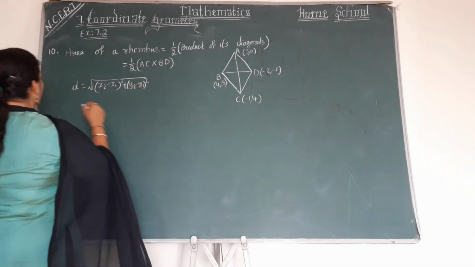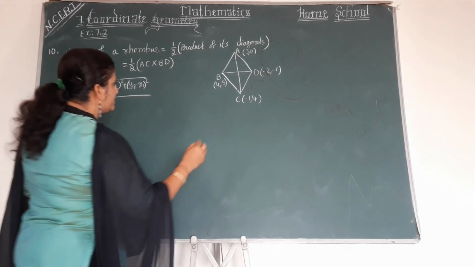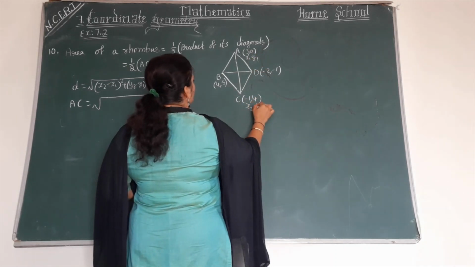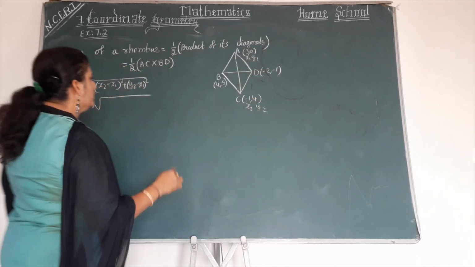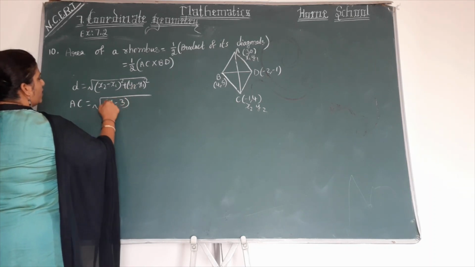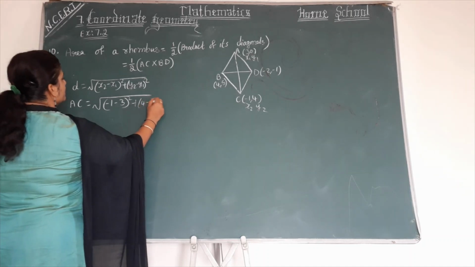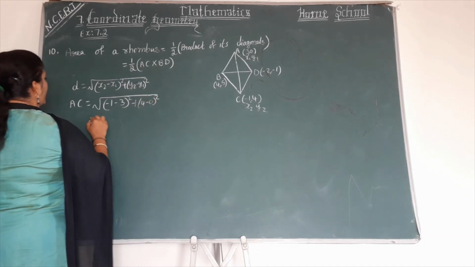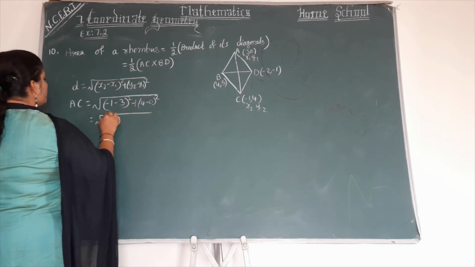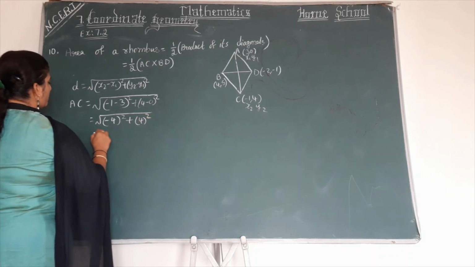So, when you start with the distance of AC, okay, AC, x1, y1, x2, y2. Okay, so x2 minus x1, minus 1 minus 3 whole square plus 4 minus 0 whole square. Minus 1 minus 3 will be minus 4 whole square plus 4 minus 0 will be 4 whole square.